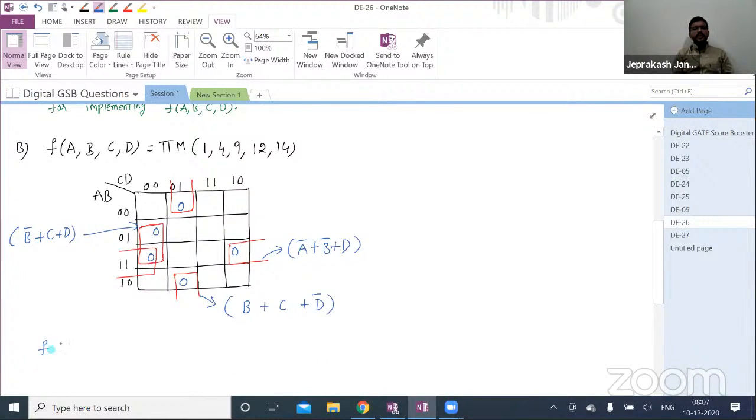So now I will write f of ABCD, that is equal to, here these three terms you have to multiply: B bar plus C plus D, then B plus C plus D bar, then A bar plus B bar plus D.